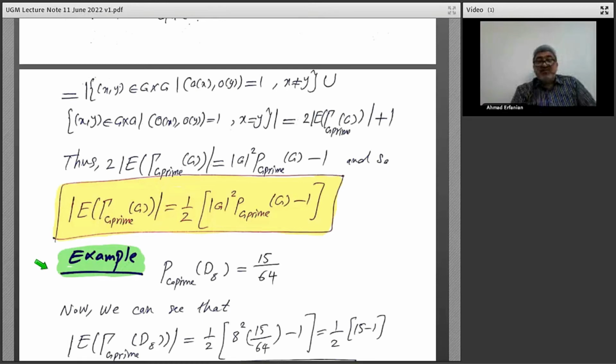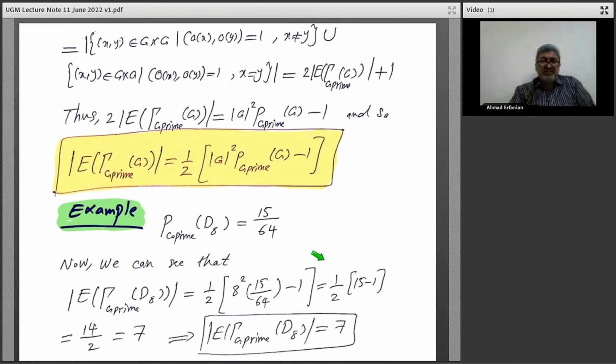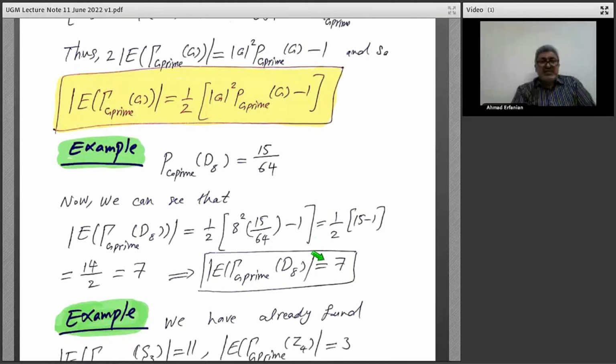So the size of the first set is twice the number of edges of the coprime graph, and the second set has only one pair, identity and identity, right? So we will get the formula for the number of edges of the coprime graph.